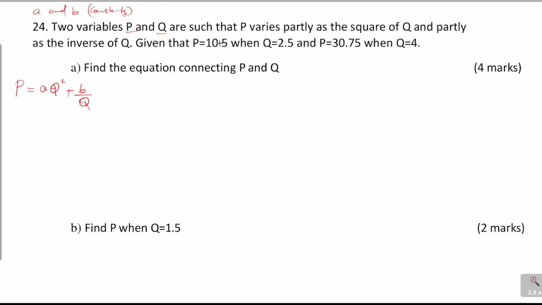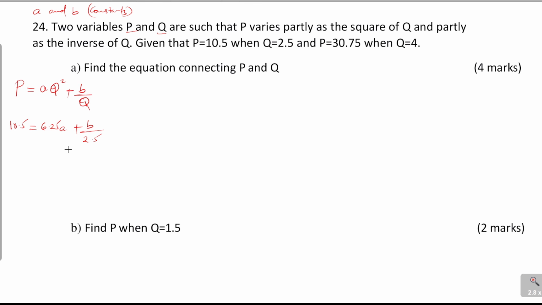Now given that p is equal to 10.5, simply substitute. So p is 10.5 when q is 2.5, so you shall have 2.5 squared, which is 6.25, then multiply by a, and then b divided by q is 2.5.